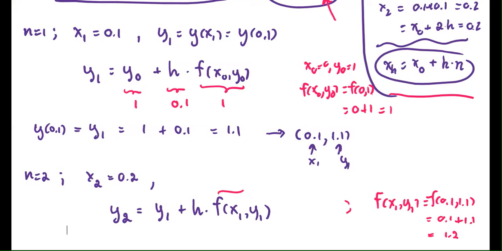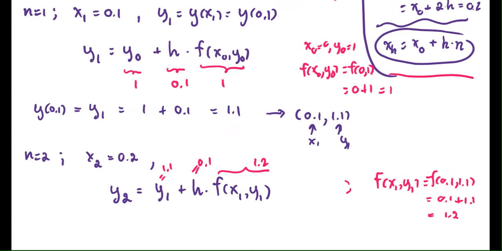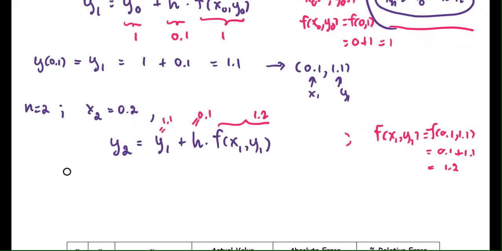Now we're going to replace this portion by 1.2, this portion by 0.1, and y1 from the previous calculation, which is 1.1. Then we get y2 as 1.1 plus 0.1 times 1.2, or 1.1 plus 0.12, put together to be 1.22 as the next approximation.